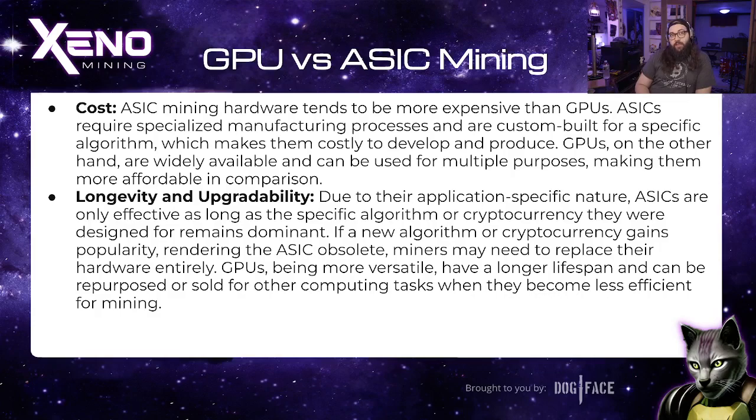And if things start to get harder with the difficulty, which they typically will, at some point it's going to be time to upgrade to a more efficient machine, etc. With a GPU, however, you could use the upgrade for multiple reasons, not just cryptocurrency. So that's a benefit there too.